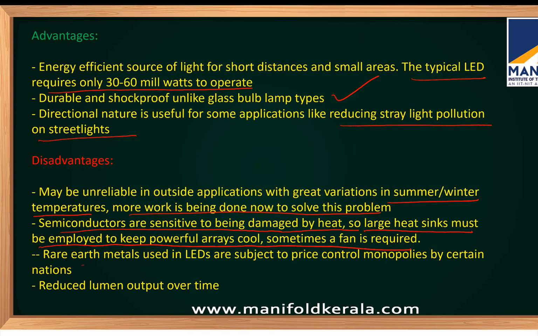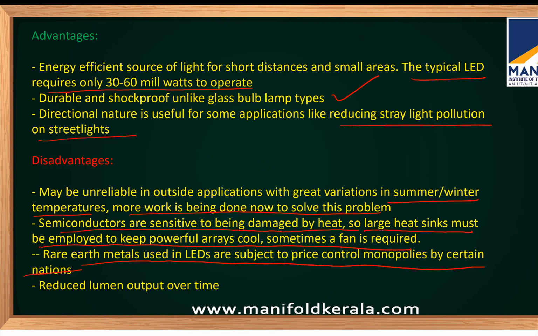So rare earth metals are used in LEDs, subject to price control. Because we are using semiconductor materials which are very rare. So because of the shortage of the semiconductor material, price fluctuation may happen. Currently we are seeing there is a shortage of semiconductor chips.